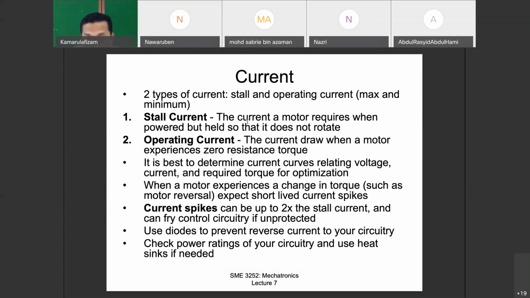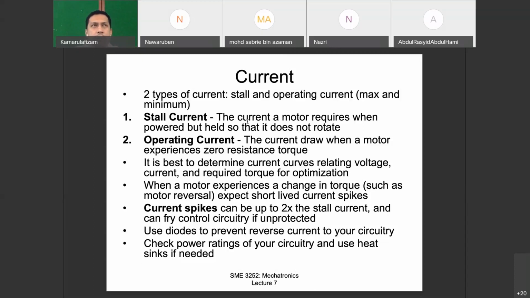Alright, so stall current ataupun stall voltage adalah voltage dan juga current yang you supply to the motor tapi motor belum pusing. Kalau you nak try, you ambil any motor, you sambung to led power supply, you naikkan current dan voltage. Daripada zero tu memang dia tak gerak, you naikkan sikit pun dia tak gerak. Sampai 1 volt ke 0.7 volt ke baru motor tu pusing. So that is basically the stall current and stall voltage.